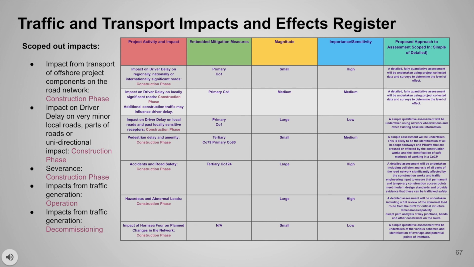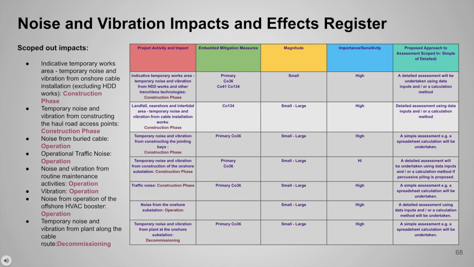Noise and vibration impacts are also quite a few. One of the interesting ones would be landfall, nearshore, and intertidal areas, temporary noise and vibration from cable installation. The mitigation measure offered for this one is CO134. It is a primary mitigation measure.